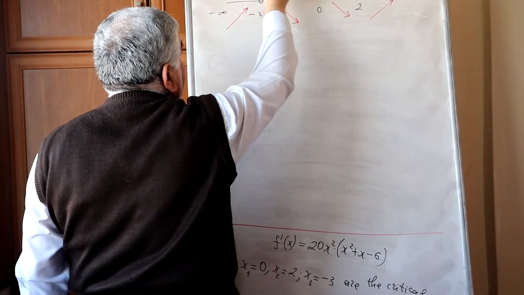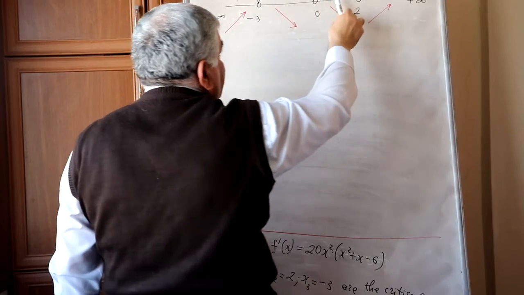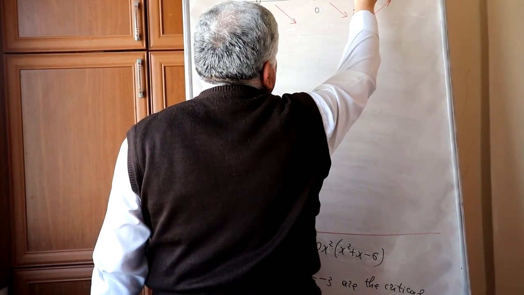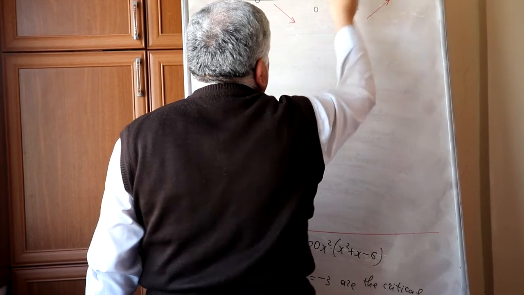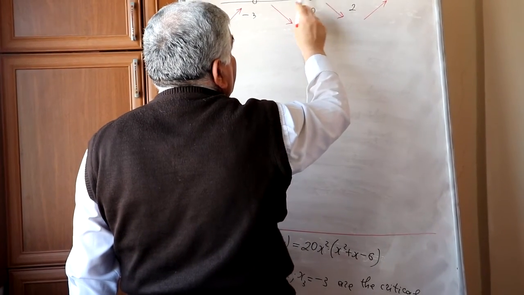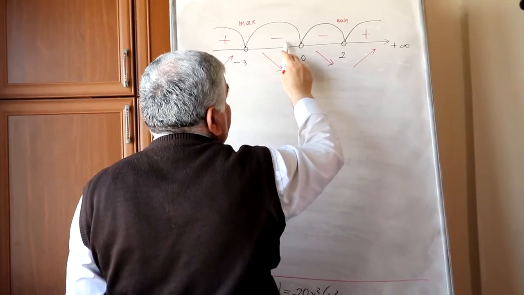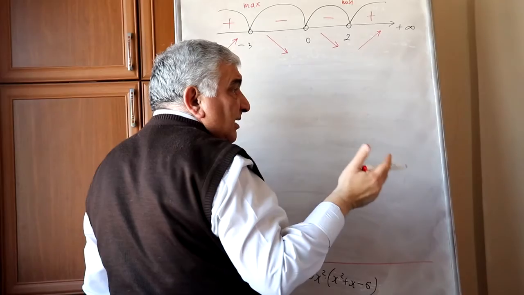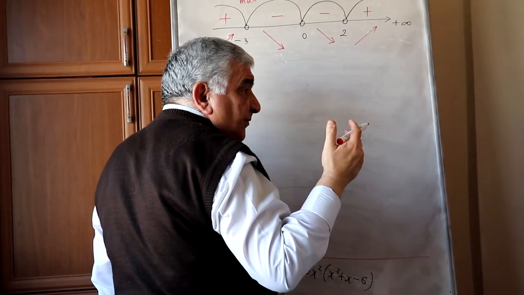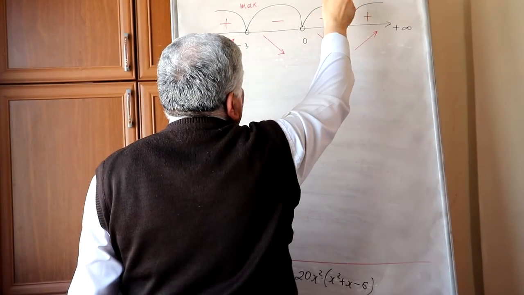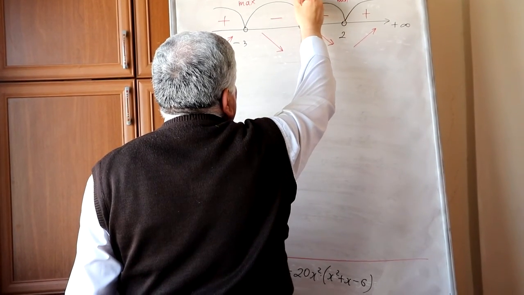If the sign of derivative is changed from minus to plus, it means here we have minimum. But if the sign of derivative is not changed, then we have no extremum.